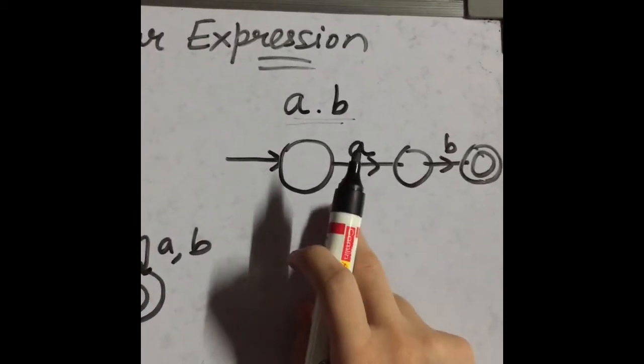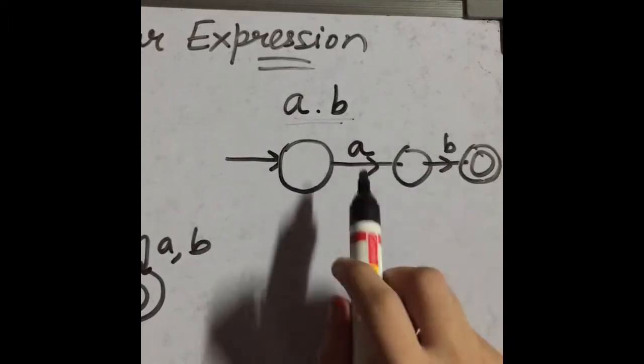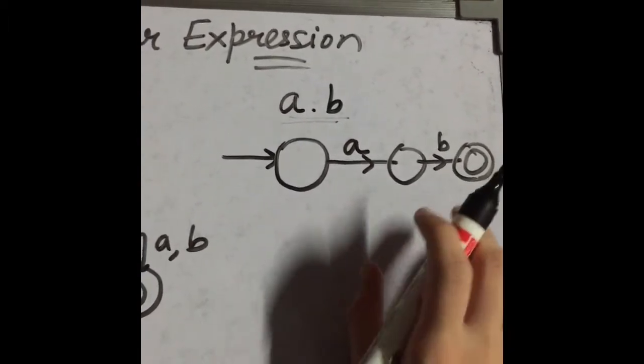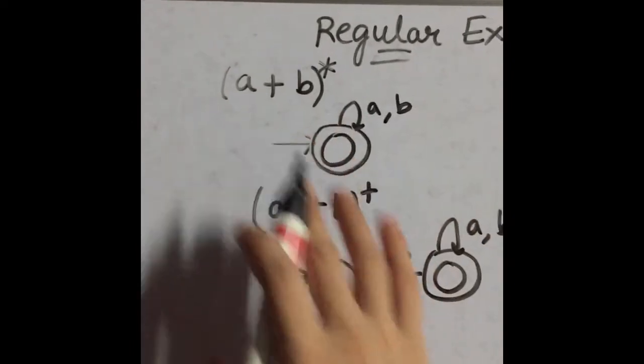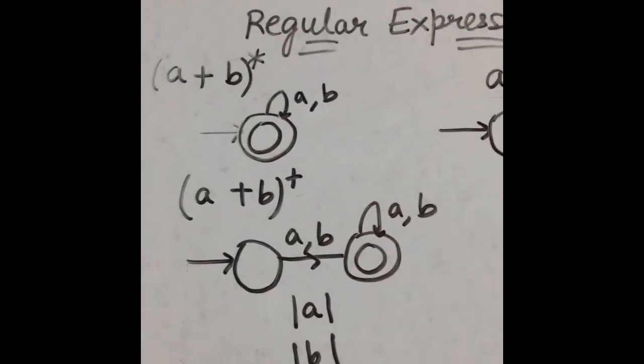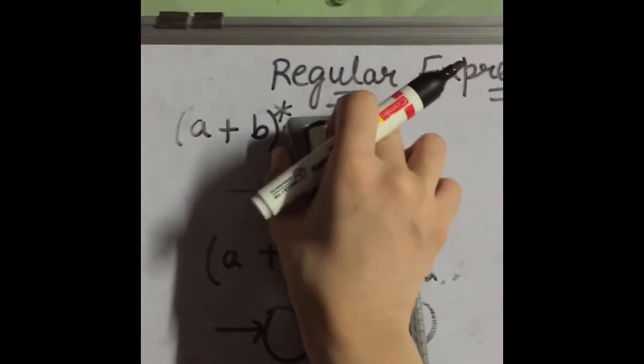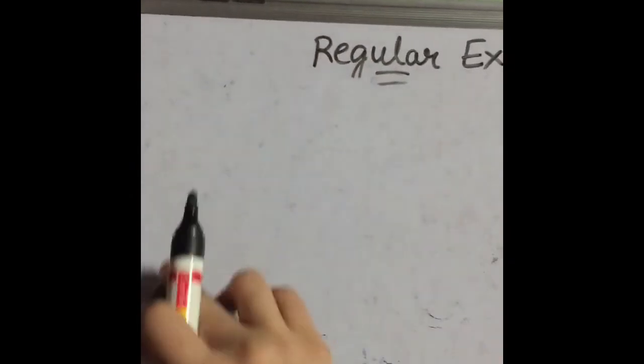Both occur, but b occurs after a, so a b. This is concatenation, and union was discussed earlier. After that we discuss some examples so that it is more clear to all of you.